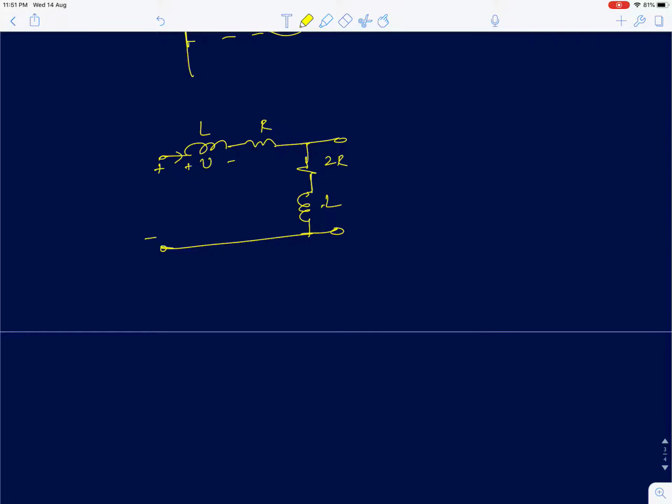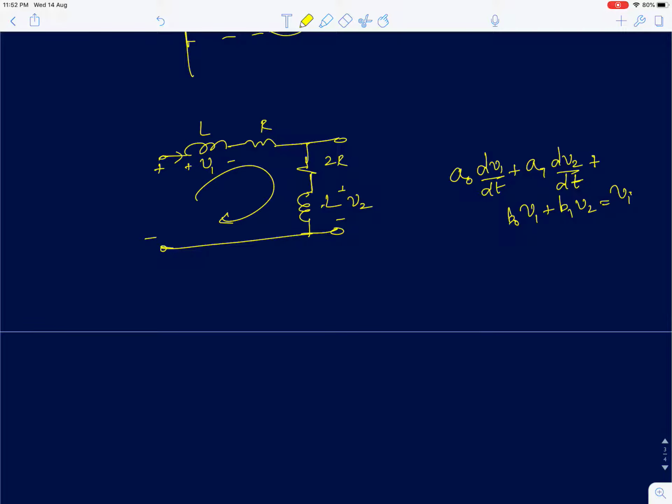Let's assume the voltage across inductor 1 is V1 and the voltage across the other inductor is V2. If I write KCL and KVL in this circuit, I can get an equation of this form: A0 dV1 by dt plus A1 dV2 by dt plus B0 V1 plus B1 V2 equals 0, or some constant or input equal to Vi. I am going to get one equation.